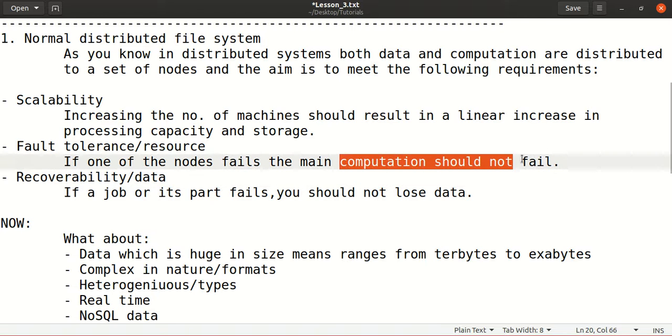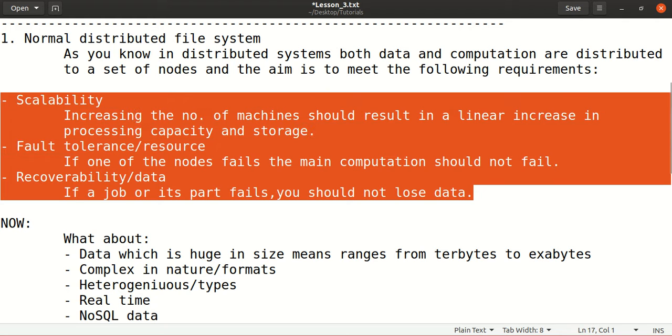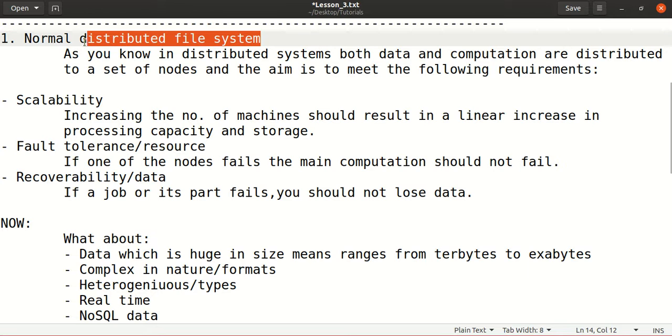Recoverability, friends, means if one job or its part fails, you should not lose your data. So these are the requirements for which people go for normal distributed file system.